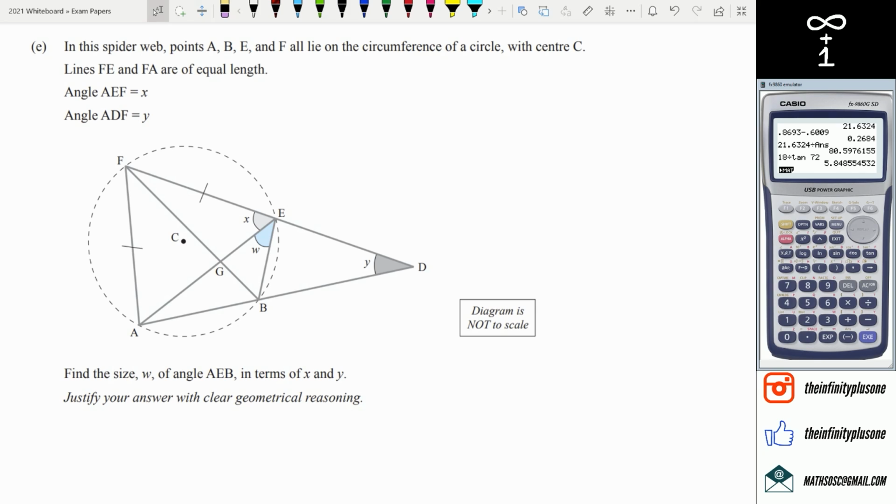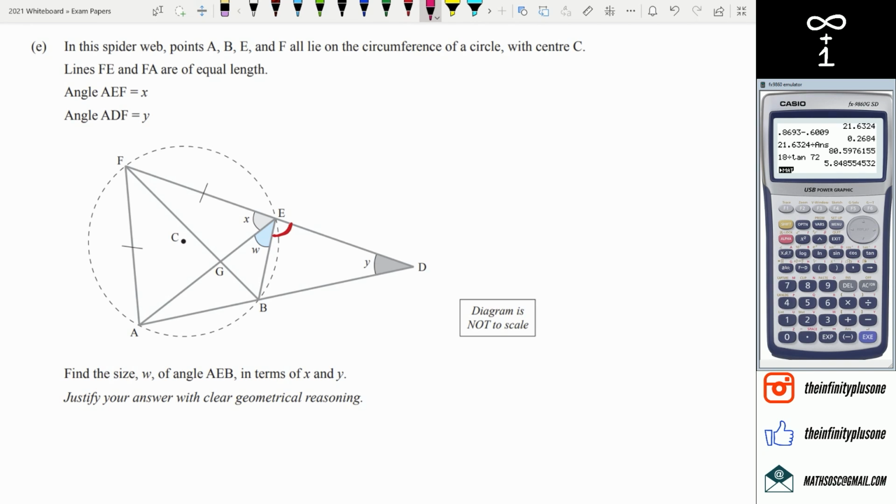I've got a W, and I need to write that in terms of X and Y. One thing that I do know is if I can figure out this angle here, I could just go 180 minus W and the red angle, and that's going to give me what W is. Now to get that angle, I've got Y already there, so I'm going to need that other side, the opposite side of it.